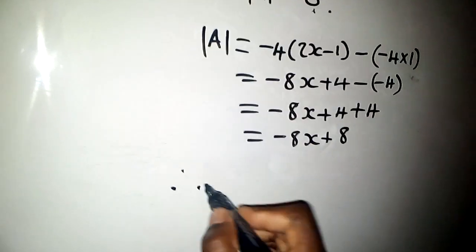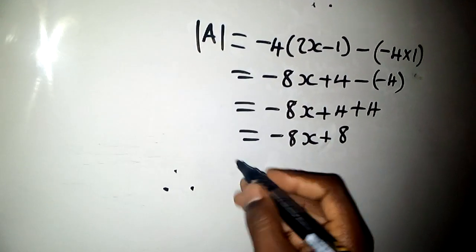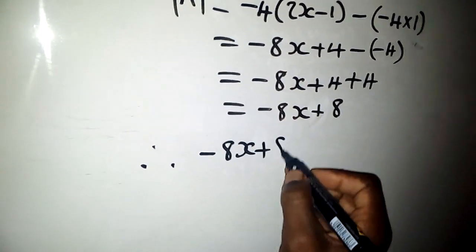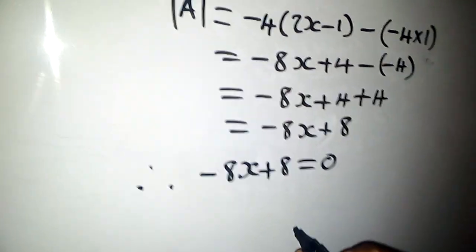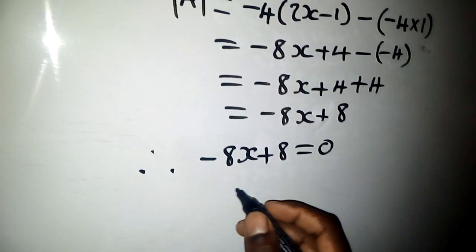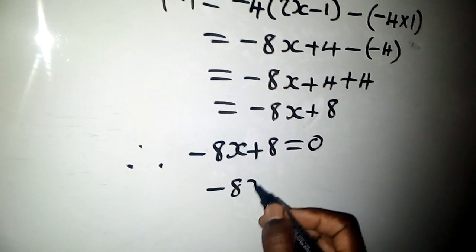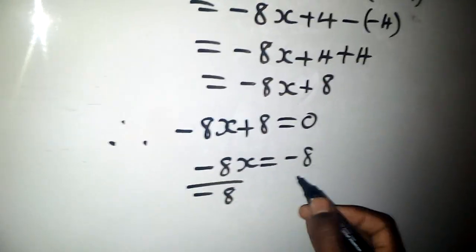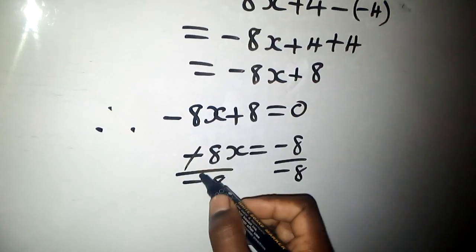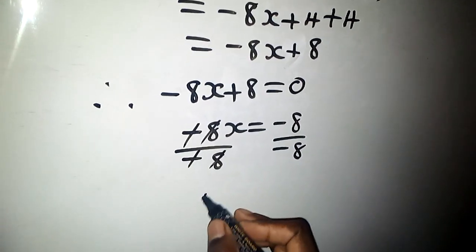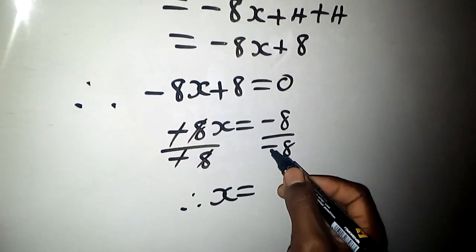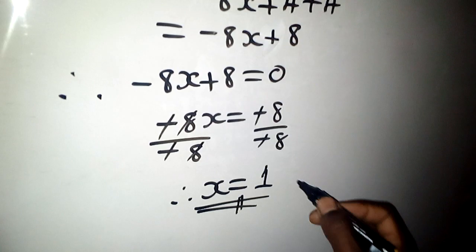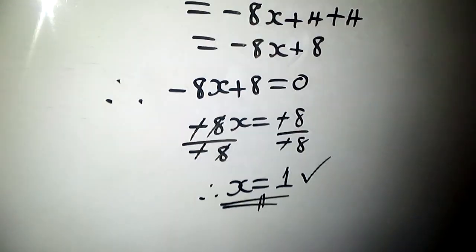Therefore, -8x plus 8 is equivalent to 0. Then we solve for x, and here we have -8x equals -8. We divide by -8 on both sides, we cancel that. We have x equals 8 divided by 8, which is 1. Therefore, the value of x equals 1.